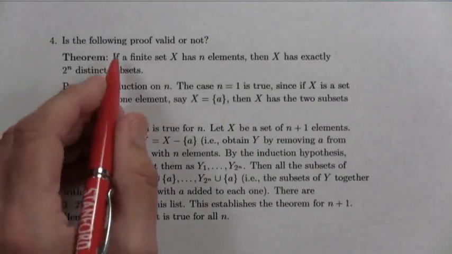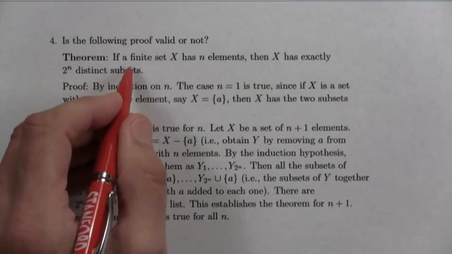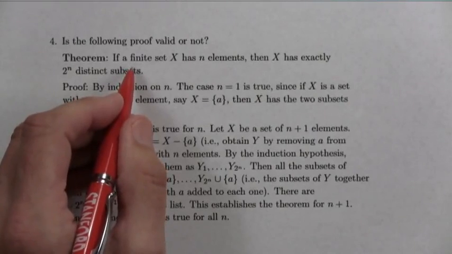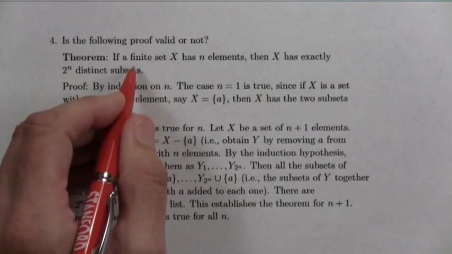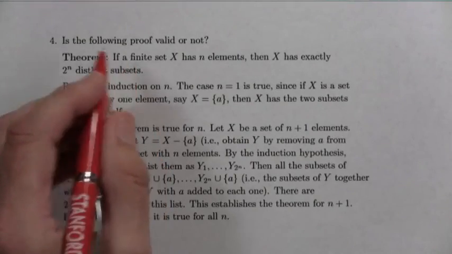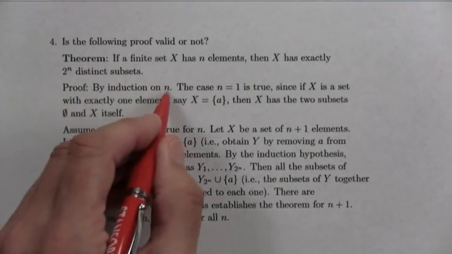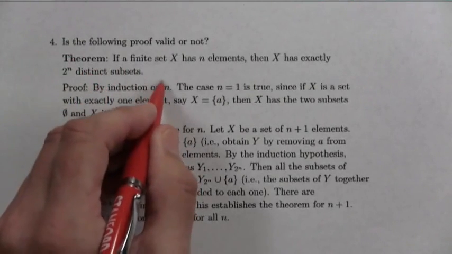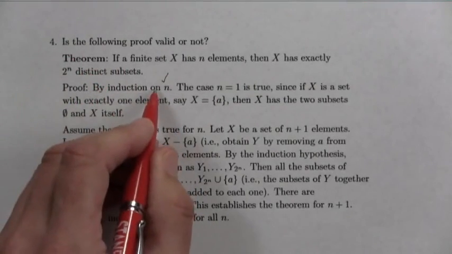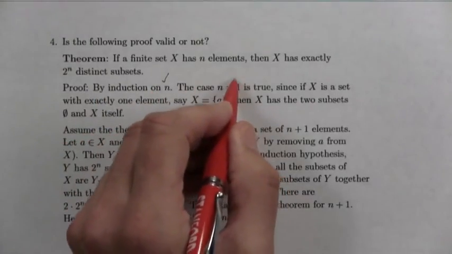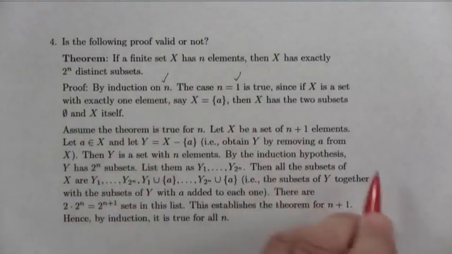Well, as before, with question 3, let's go through first of all and make sure that it has all of the dramatic structures of good storytelling to make it a good proof from a communicative point of view. Okay, so we're going to use a method of induction, so we note that we're using a method of induction, check. We begin by looking at the case n equals 1, check.